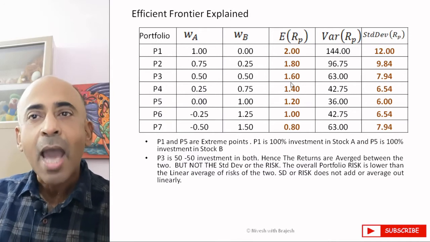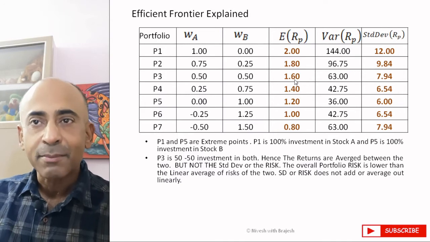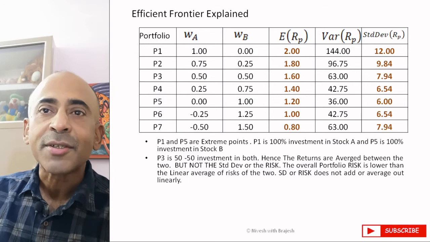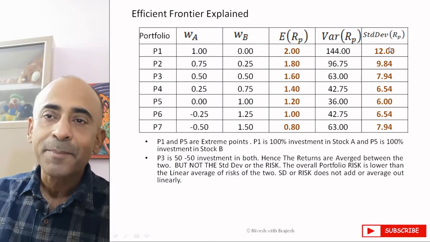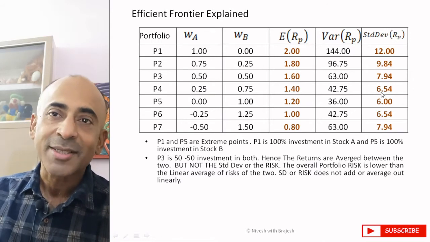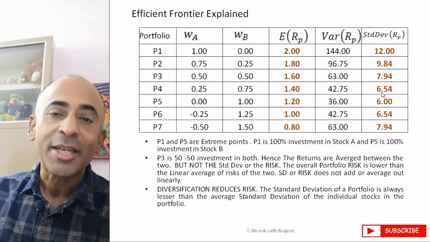Hence the returns are averaged between the two. You can see here, the returns have averaged between the two. Now look at the risks or standard deviations. The standard deviations are not averaged out. Now risk is not equal to the average of the two risks. Why? Because risks do not add or average out linearly.